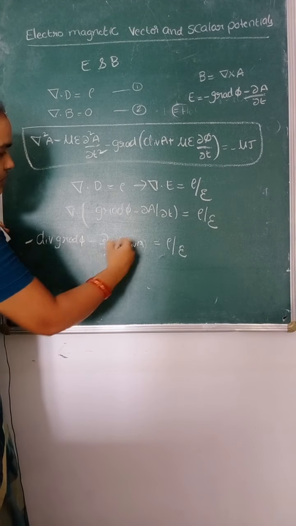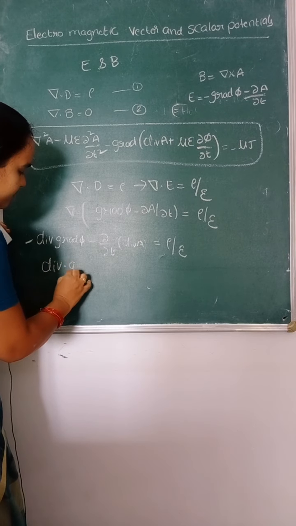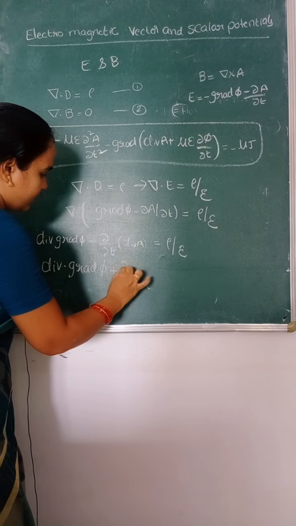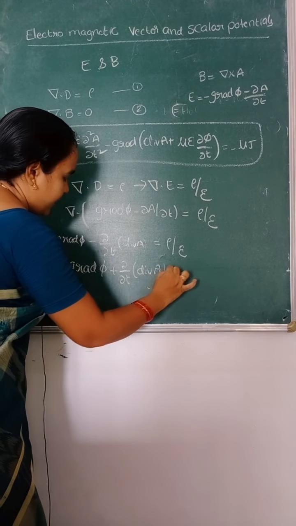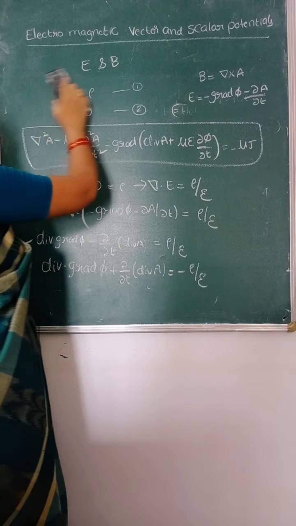Take this minus to the right hand side term, that is divergence of gradient of phi plus dou by dou t of divergence of A is equal to minus rho by epsilon.